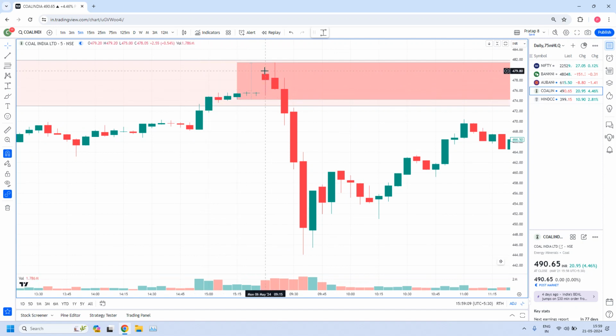See here again, this is an ERC candle, a failed ERC candle. Again another ERC candle. Again another ERC candle. In between there are no base candles. So obviously there is no institutional participation here. When there is no institutional participation, there won't be any institutional pending orders. When there are no institutional pending orders, these kinds of zones will be violated easily.